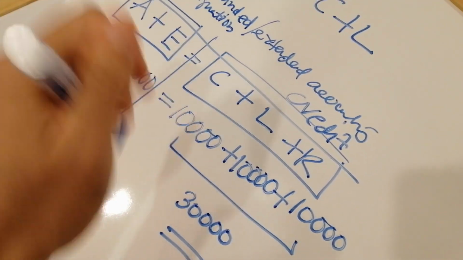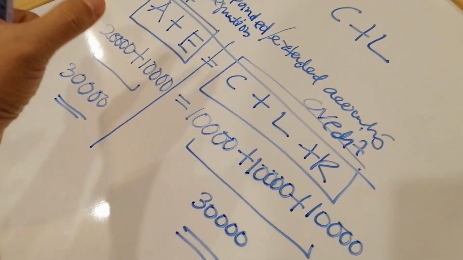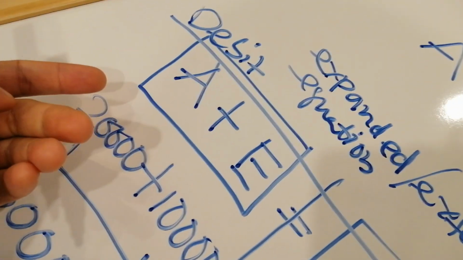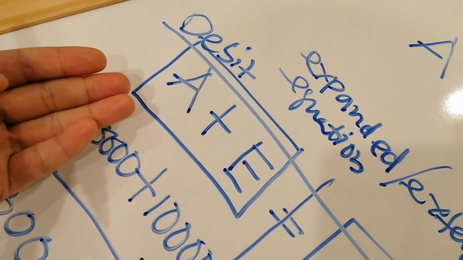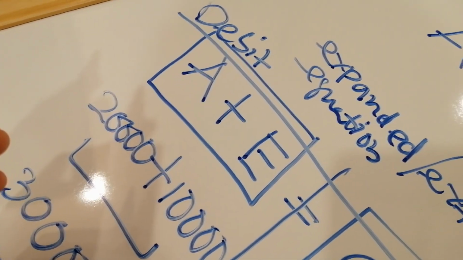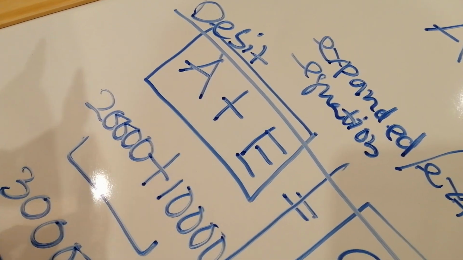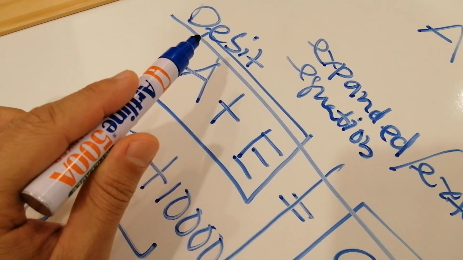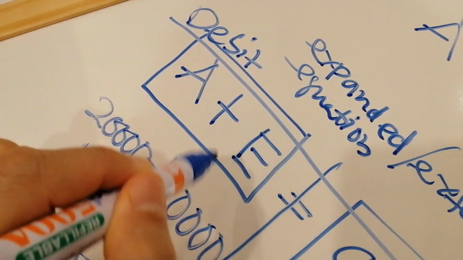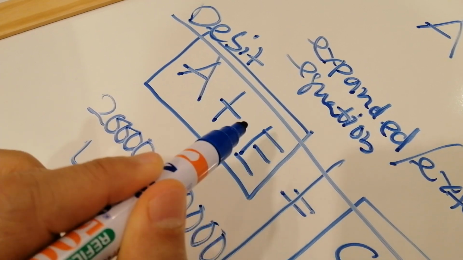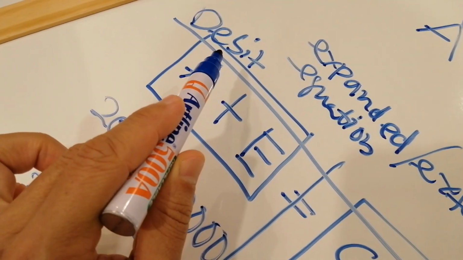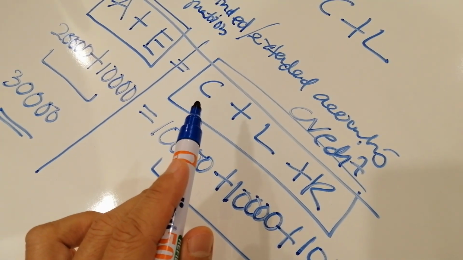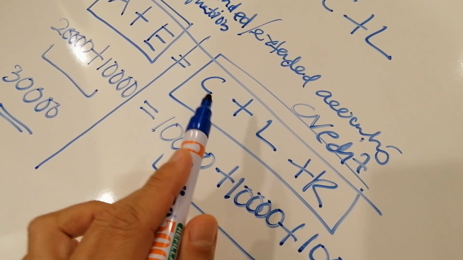Basically, any increase in figures: if your asset increases, say your business gets a new asset, it means you must debit that transaction. If your business expenses increase, you must record on the debit side. Okay? And if your capital increases, capital means modal.